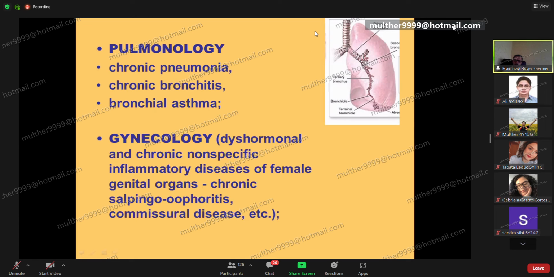In pulmonological practice, for treatment of pneumonia, bronchitis, and bronchial asthma, we can apply it successfully.